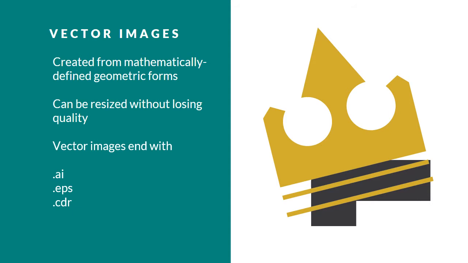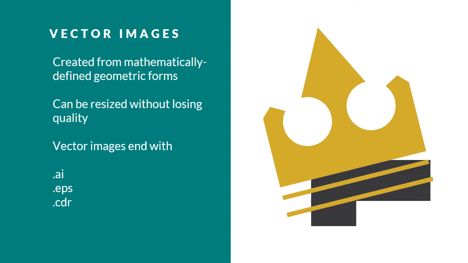Vector images can easily be converted to raster images. So when you export a vector image using a vector editing software like Illustrator or CorelDRAW, and you export that using the .jpg, .png, .bmp, or .gif format, then you are converting that vector image into a raster image.